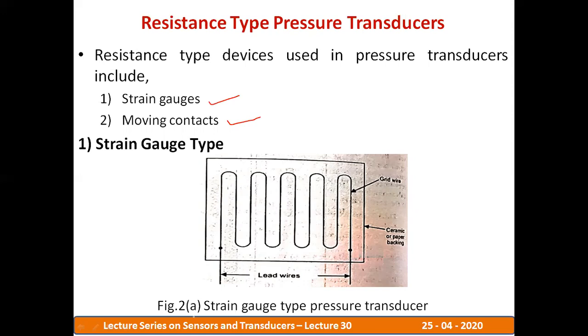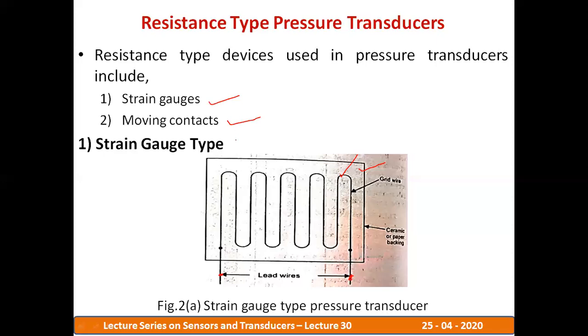So figure 2 shows the strain gauge type transducer. This is the ceramic frame, on which we have placed the resistive material, that is a grid wire we are calling, and these are the output terminals.